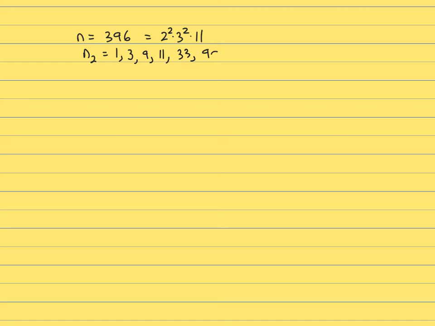That's a lot of choices. n sub 3 is going to be either 1, 4, or 22, because that's congruent to 1 mod 3, and it has to divide 44. Finally, n sub 11 is going to be either 1 or 12. So method 1 doesn't work.